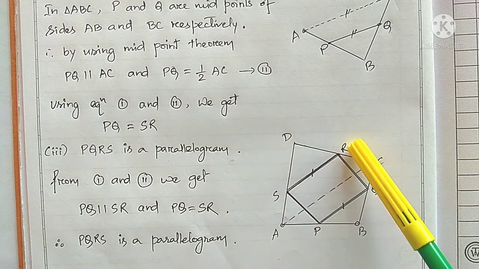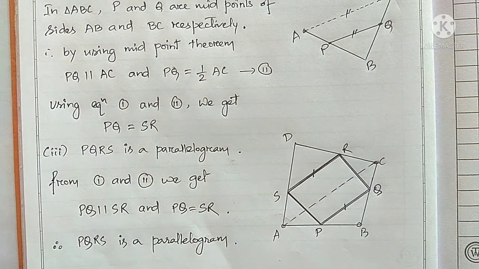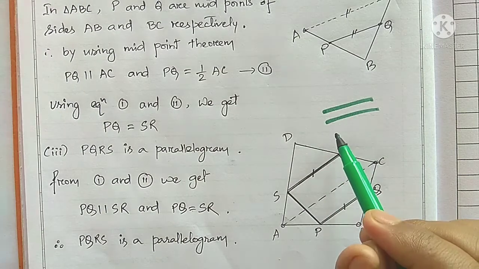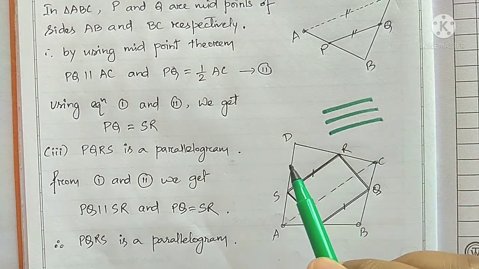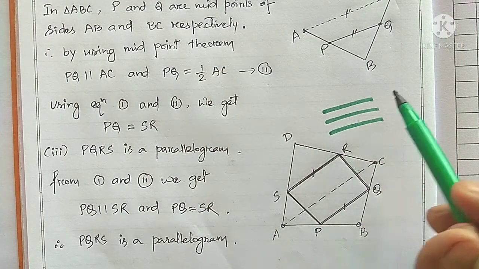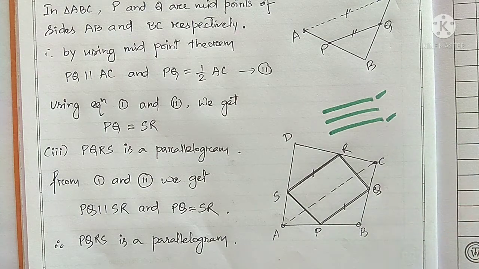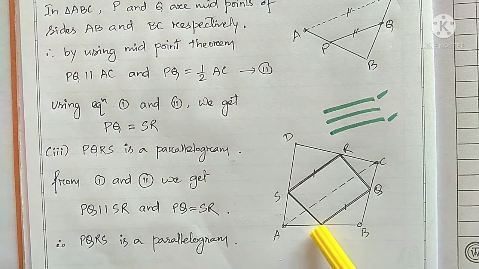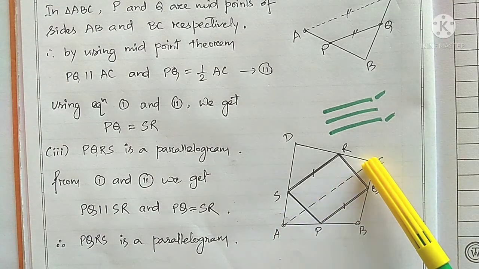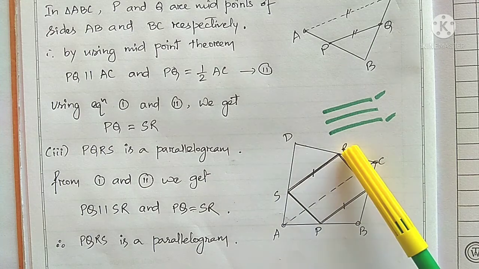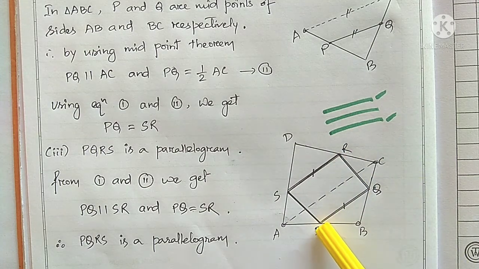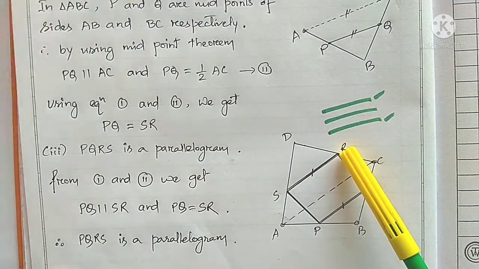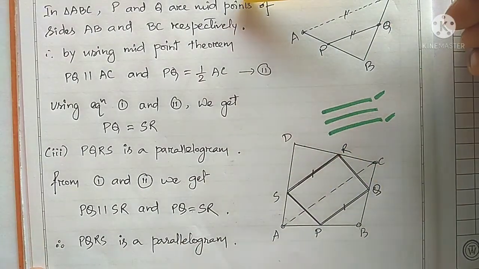PQ parallel to SR. For example, if you consider three lines, the first line is parallel to the second line, and the second line is parallel to the third line, what can we say about the first and the third line? These two lines are also parallel. So the same concept we apply here. If PQ is parallel to AC and AC is parallel to SR, then PQ is also parallel to SR. Is it clear? So this one also we proved.